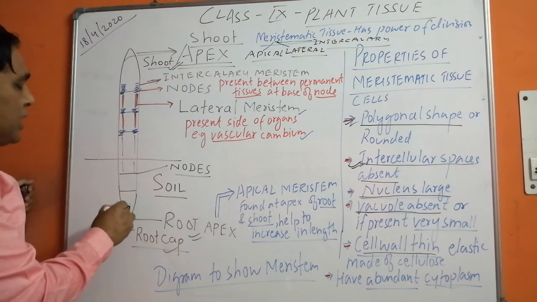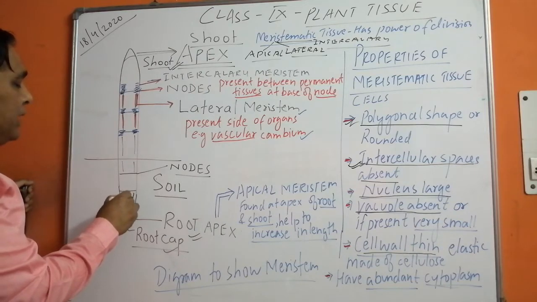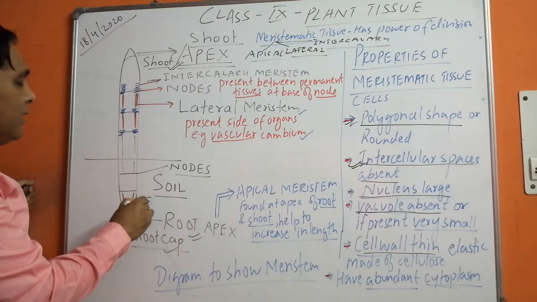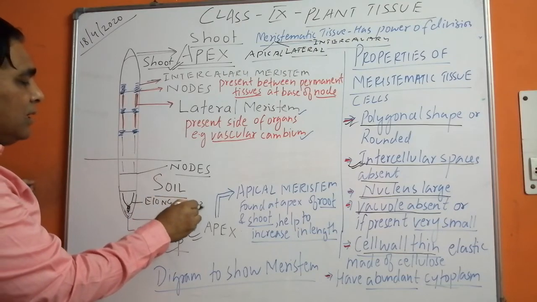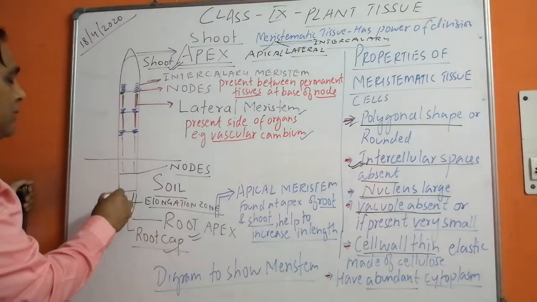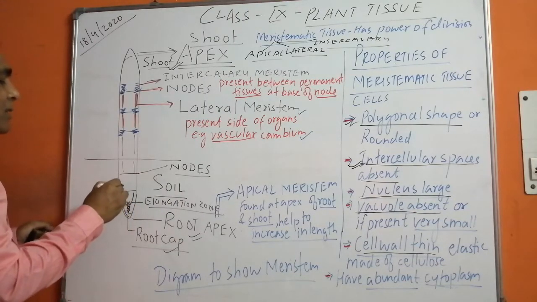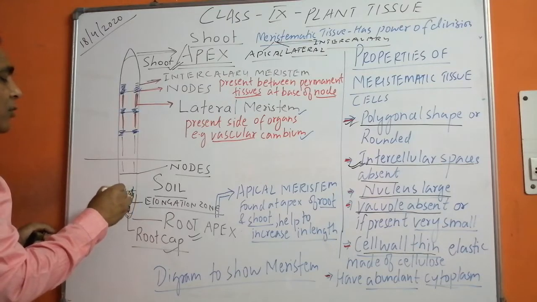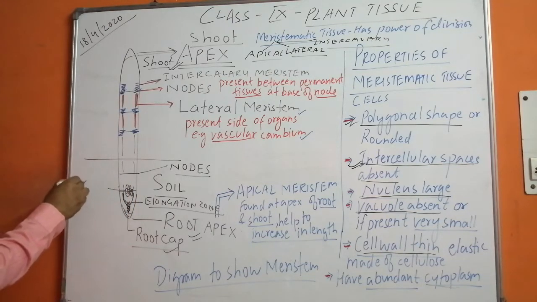These are the cells which are going to grow. They will divide. There will be a zone here known as the elongation zone, the area where the division of the cells has taken place. Now the next place is known as the mature zone.